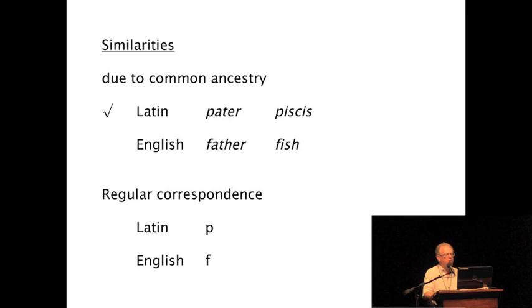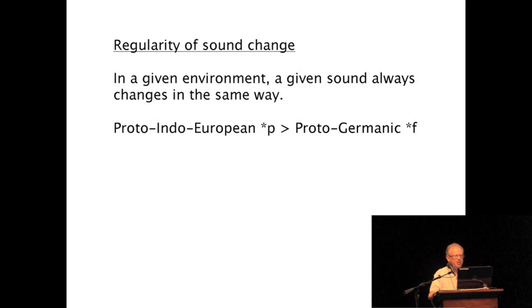And the reason why we end up with those systematic correspondences is because of a general property, general, not 100% exceptionless, but a general property of language change, in particular sound change. And that is a generalization that was established in the late 19th century. In a given phonetic environment, a given sound always changes in the same way.